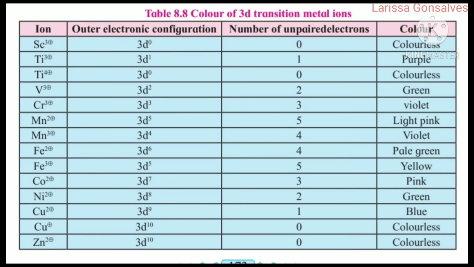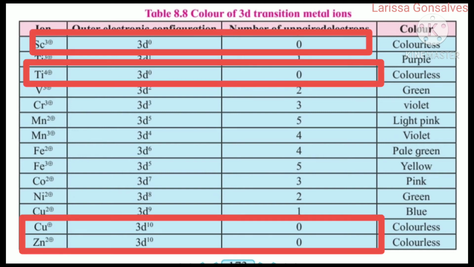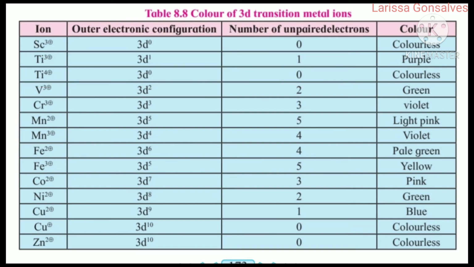You can see that the 3d series is mentioned here, starting from scandium ending with zinc. The number of unpaired electrons in the d orbital are also mentioned. You can observe here scandium, titanium 4+ ion, copper+ ion, zinc 2+ ions have 0 unpaired electrons, and that is the reason that they are colorless, while the rest of the ions are colored.